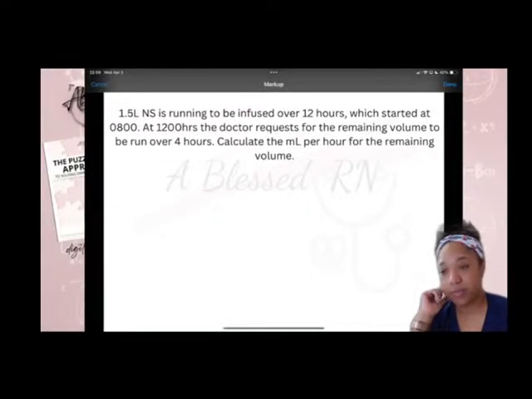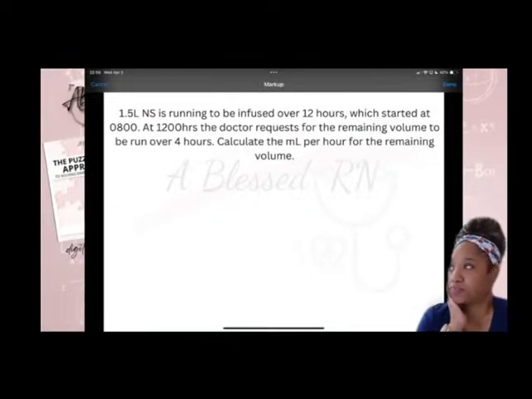All right, 1.5 liters is running to be infused over 12 hours, which started at 8 o'clock in the morning. At 1200 hours, using remaining volume.